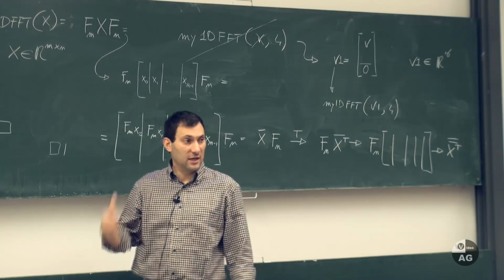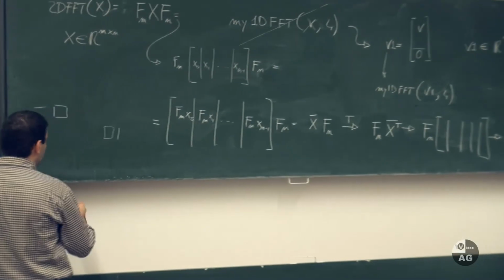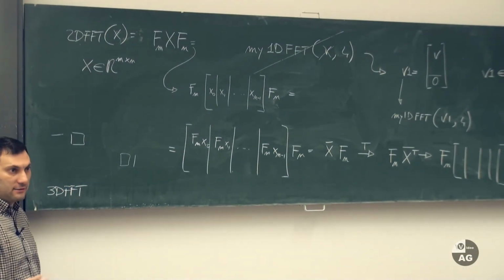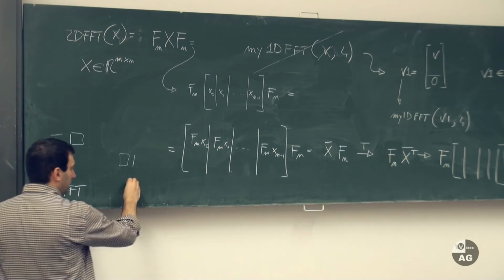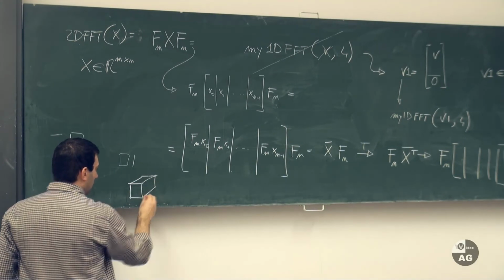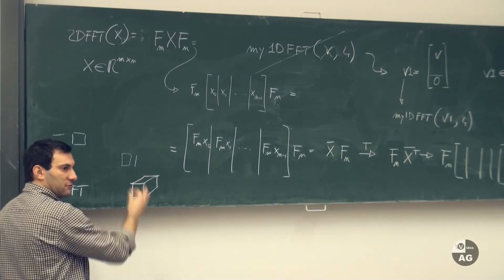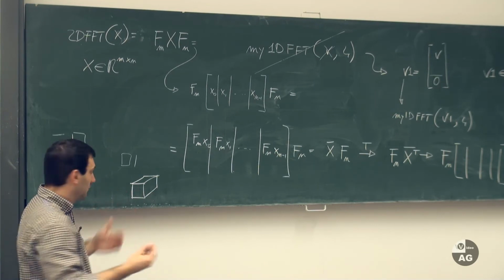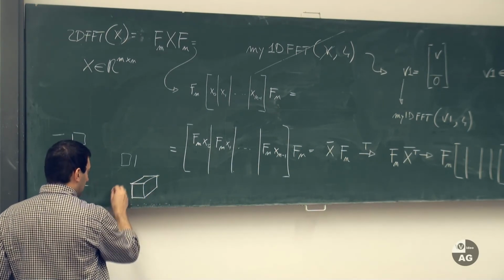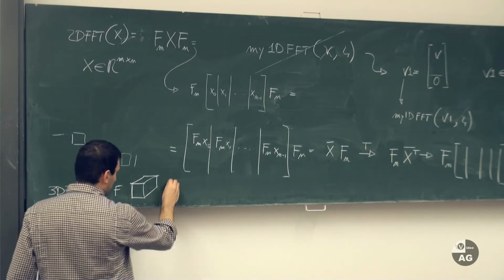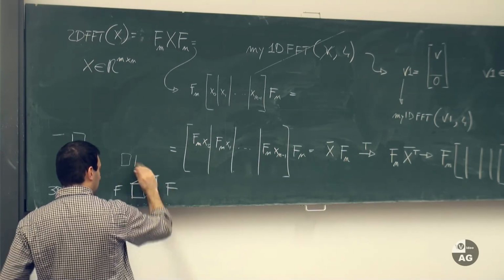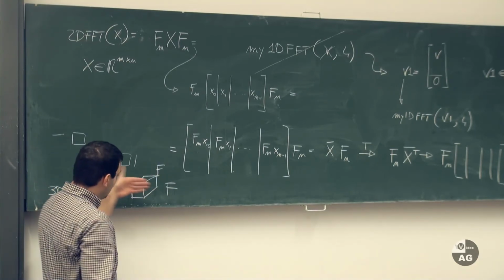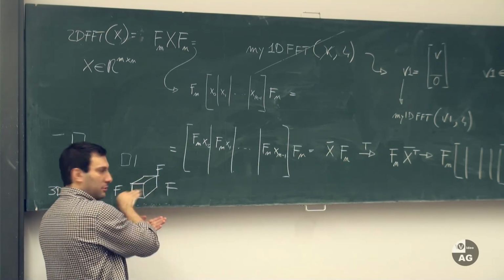Following the same strategy, you can go to 3D FFT, and in fact ND FFT. Let's look at 3D FFT. What would that be? You have a parallelepipedon, and now you have to compute the FFT in each direction: the FFT of each row, of each column, of all the beams.